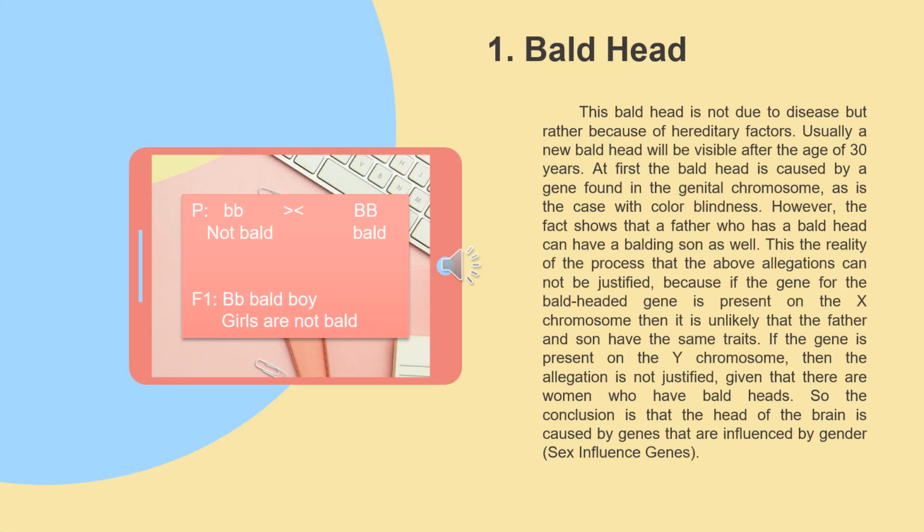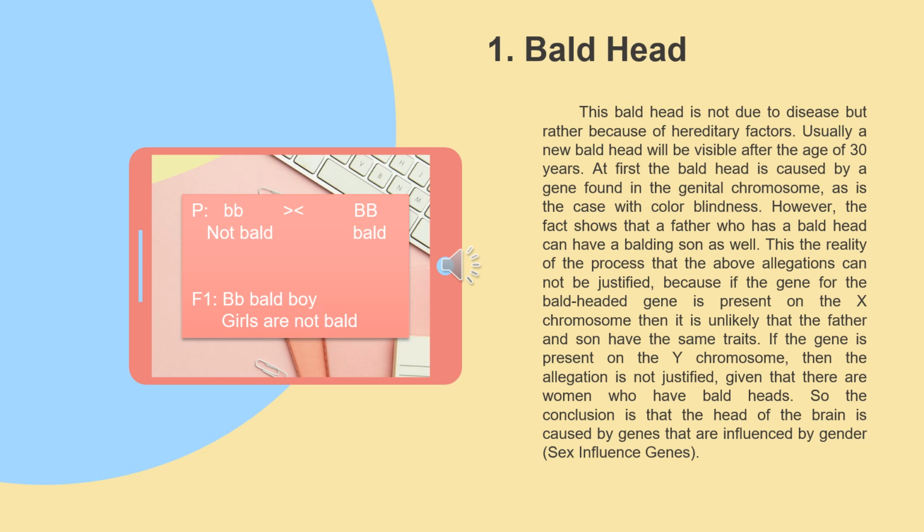The first is baldness. Baldness is not due to disease, but due to hereditary factors. Usually, baldness becomes visible after the age of 30 years.